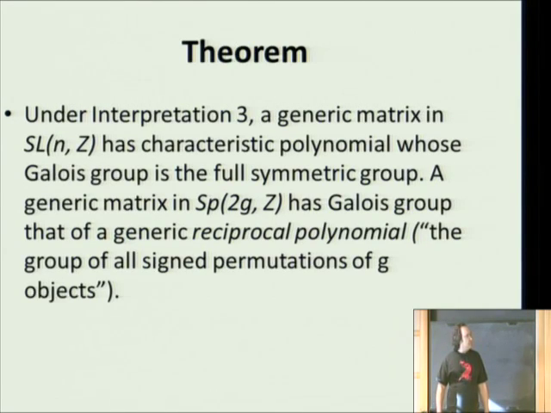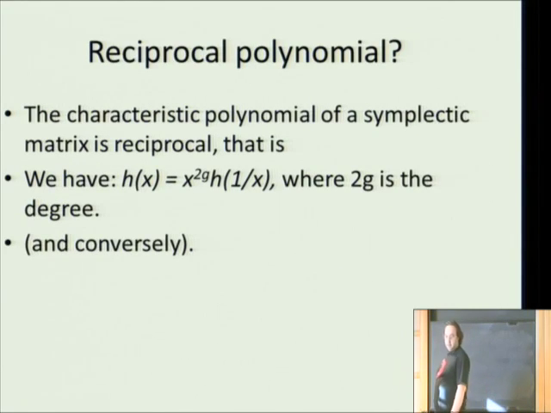Now the Galois group for matrices in the symplectic group is not the symmetric group, and it's because the characteristic polynomial of a symplectic matrix is reciprocal.